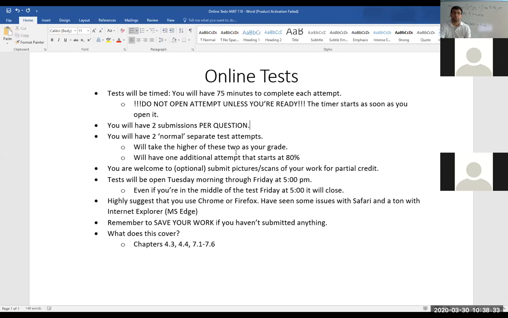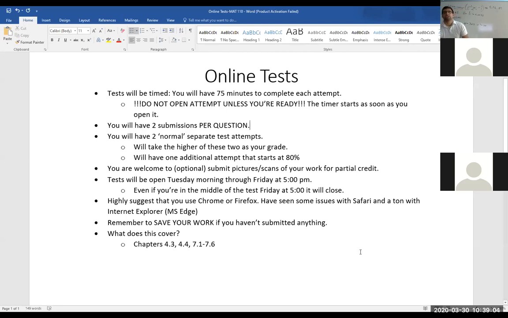So Chrome is free, Firefox is free, and Chrome, you can download it on your phone, or if you only have Mac products in your house, you can still use it. It doesn't care what kind of system you have. You can download it for either one. And if you only ever want to use it for that one thing, then that's fine. But I highly suggest Chrome or Firefox.